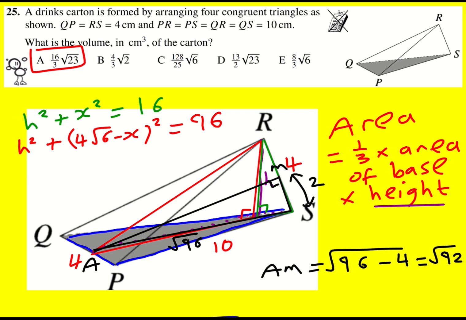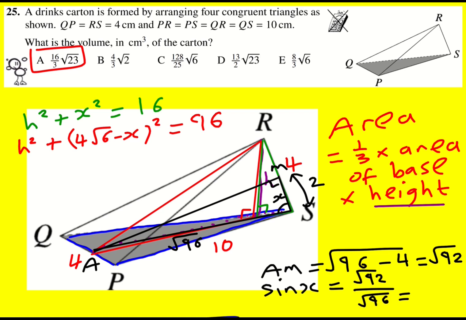And now I can think about working out this angle. I'm going to call it X. And I'm not actually going to work out the angle. I'm going to work out sine of the angle. So sine X is equal to the opposite, which is root 92, divided by the hypotenuse, which is root 96.